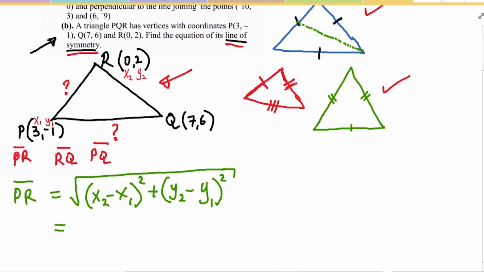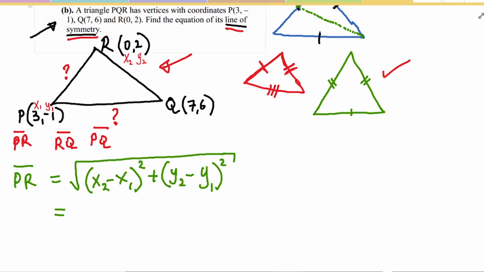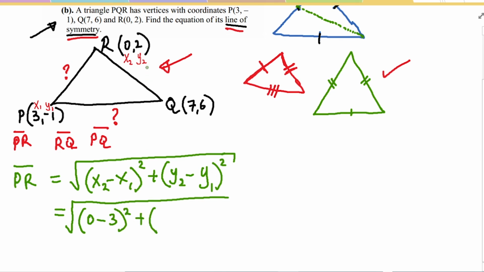So from there we can proceed with the working and substitution. This is going to be the square root of x2, which is 0, minus x1, which is 3, squared, plus y2, which is 2, minus y1, which is -1, also squared.